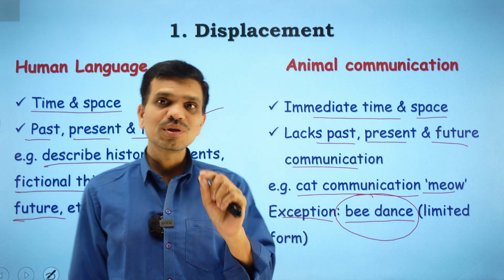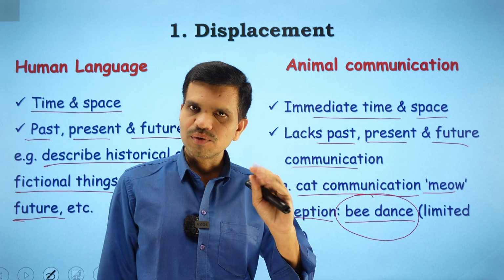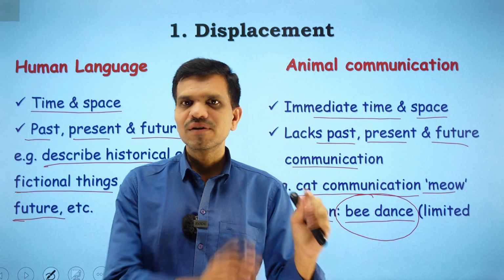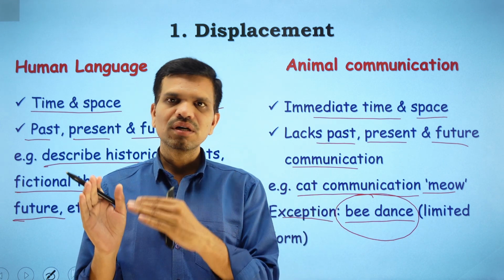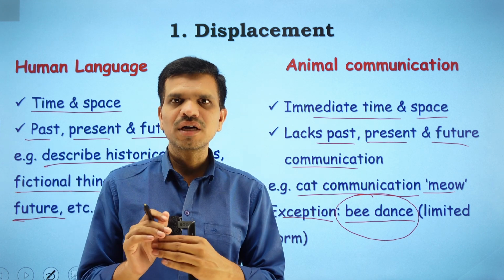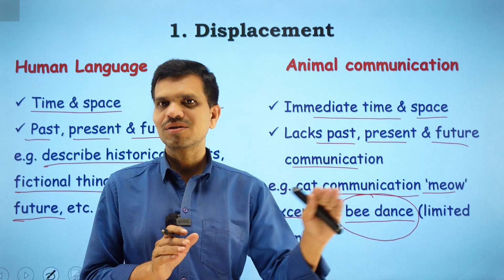But this form is very limited, and the bee dance is used in a very limited kind of form. They can just tell the other bees on the hive that there is honey somewhere around, but this communication is horizontal.